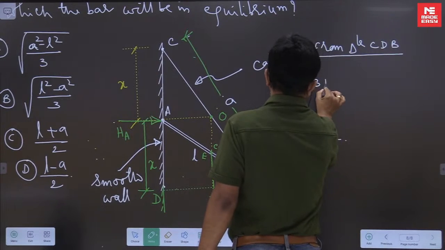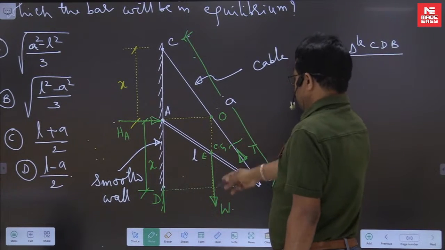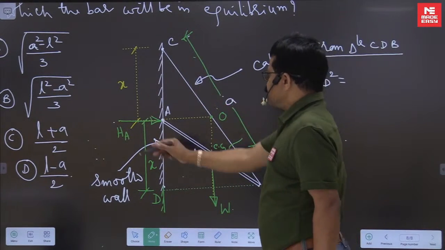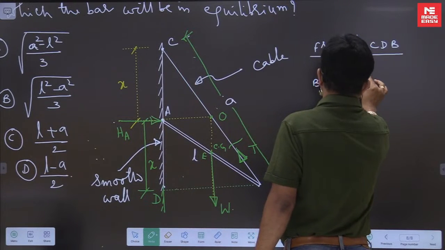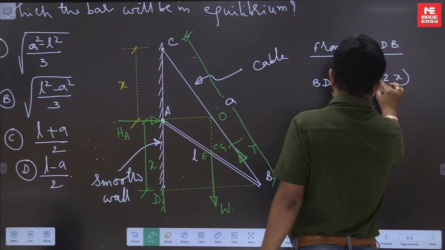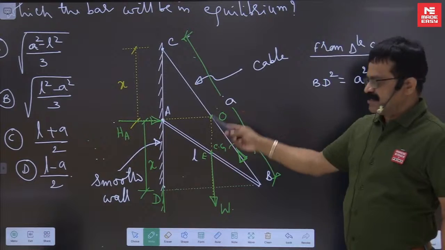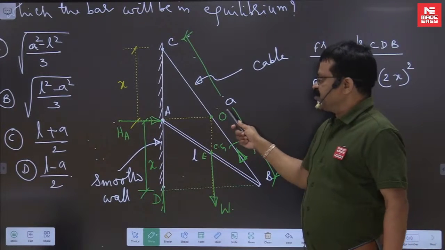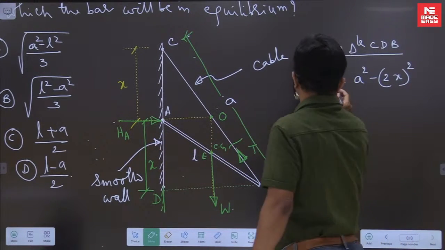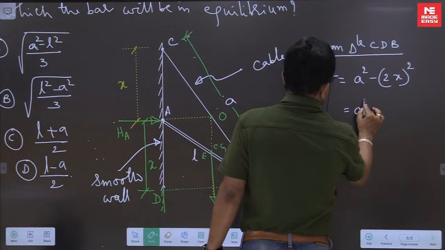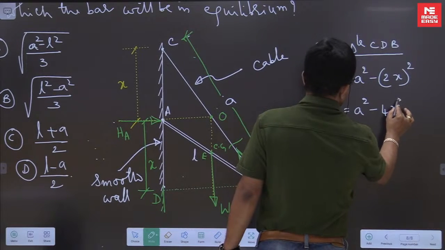BD square is equal to, Pythagoras principle, hypotenuse square minus other side square. So you will get A square minus 4x square.